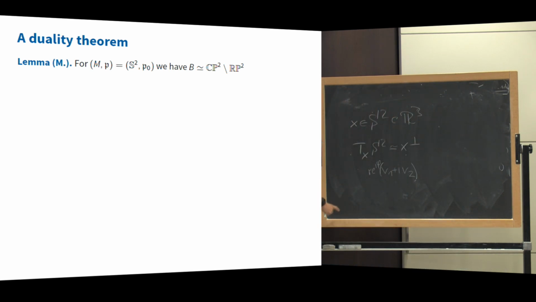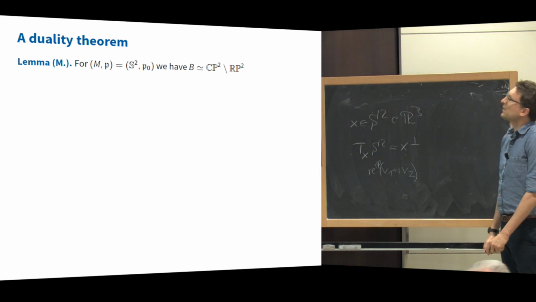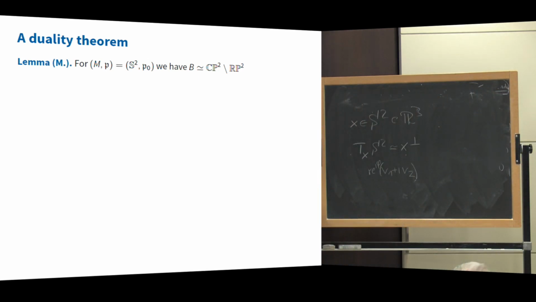Okay, what I just said obviously doesn't tell you that the complex structure is the standard complex structure. Okay, that's the tricky bit of this lemma. There's actually something to be proved there. But once you know that, you can classify the Weil connections on the two-sphere whose geodesics are the great circles. So these are just the holomorphic rational curves in CP2 with an RP2 removed.